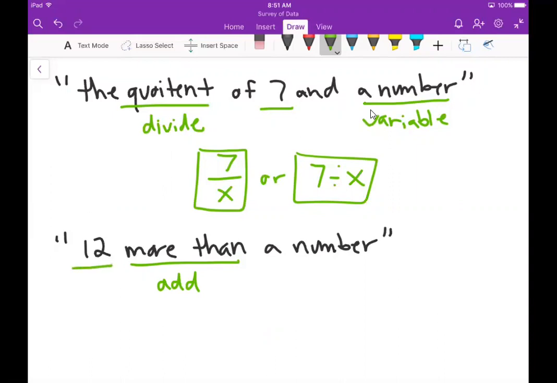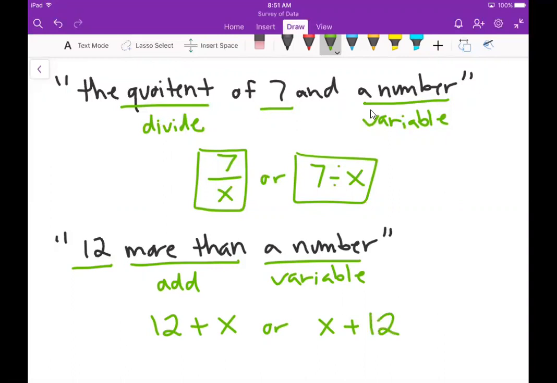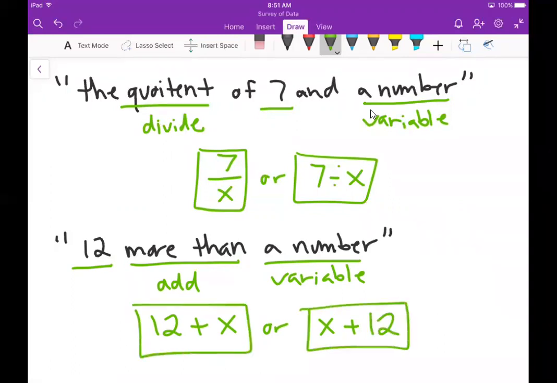I'm going to take 12 and add a number. This is, again, my variable, and I'm going to use x for it. So I take 12, and it's 12 more than whatever number I was at. Or, since addition is one of those operations I can do in either order, I could also say x plus 12 for this. Either way is perfect.